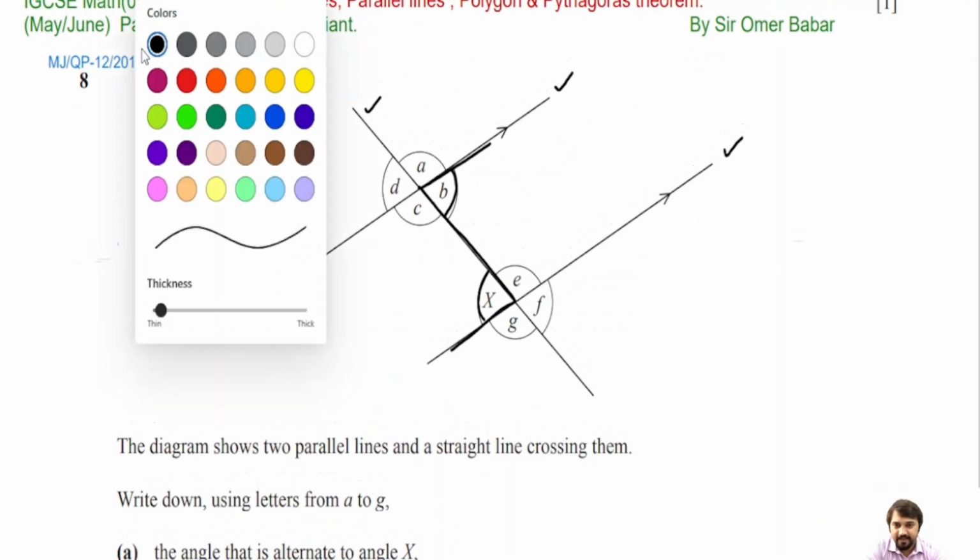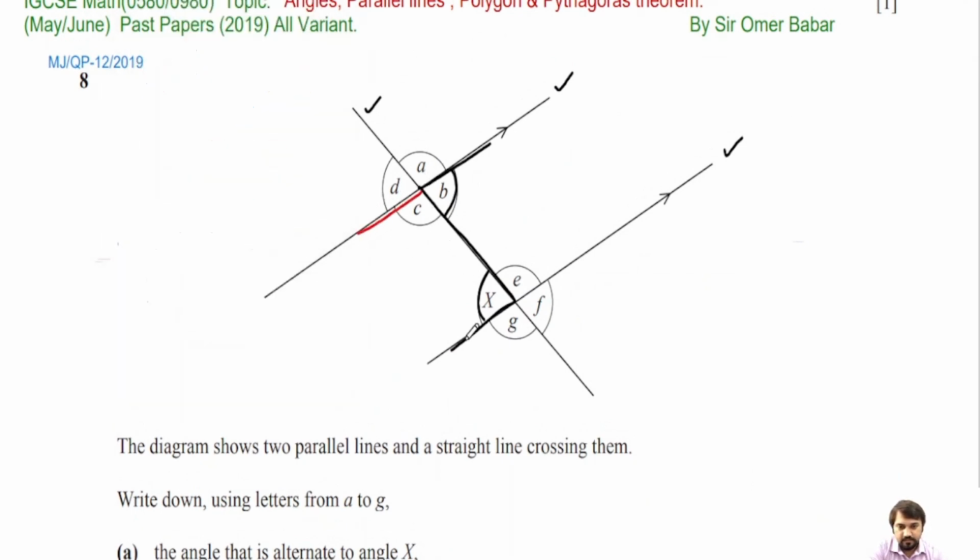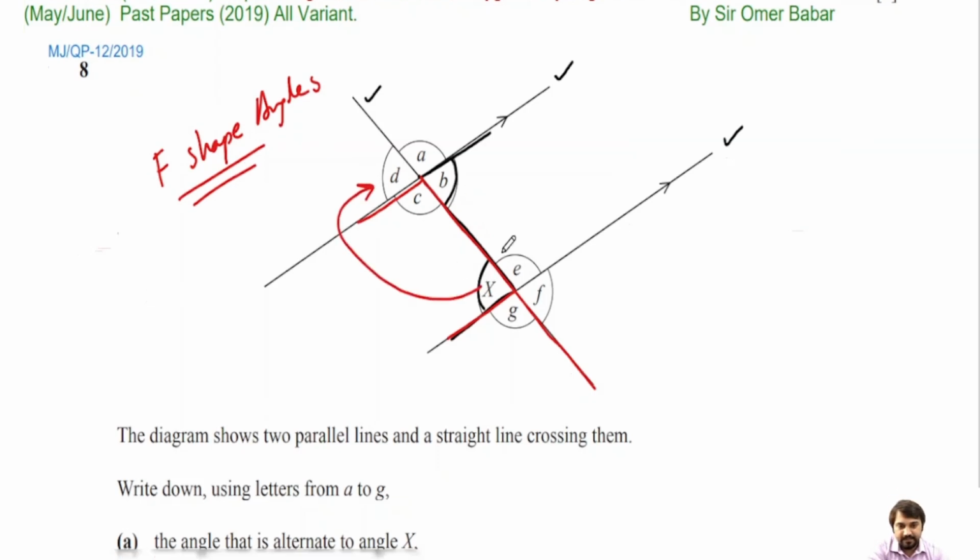If there is an F, then we can say that these are corresponding angles. So I'm forming the F-shape angles. F-shape angles are in corresponding form. So corresponding to this X is D. This is our answer.